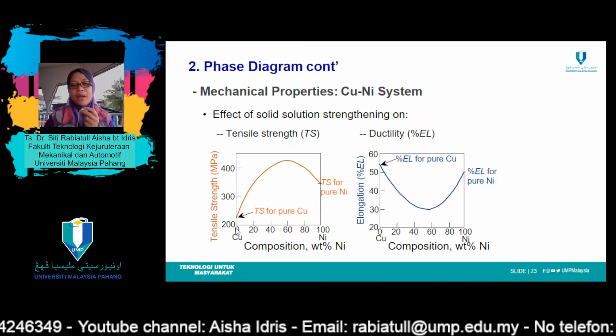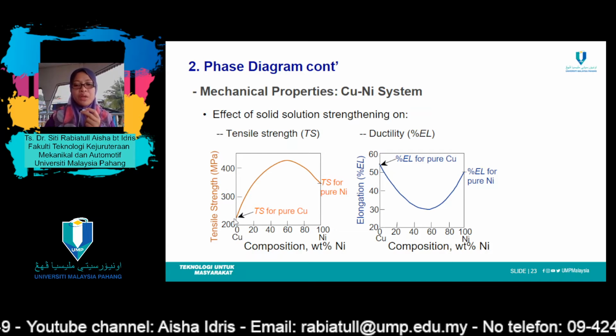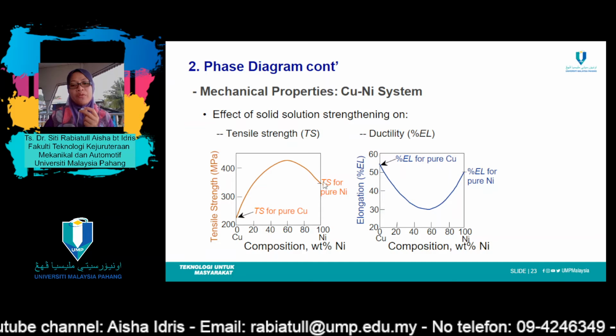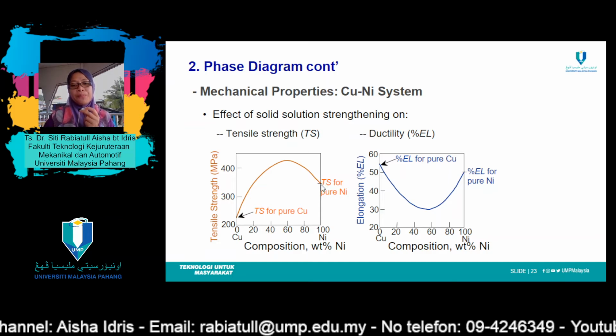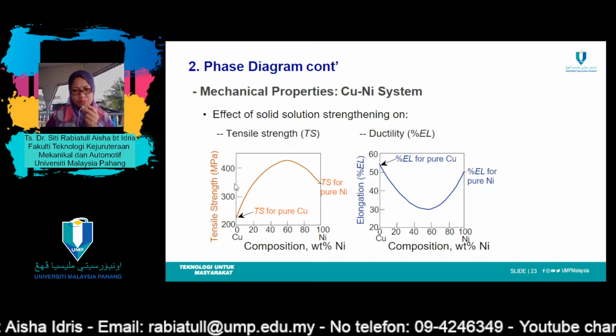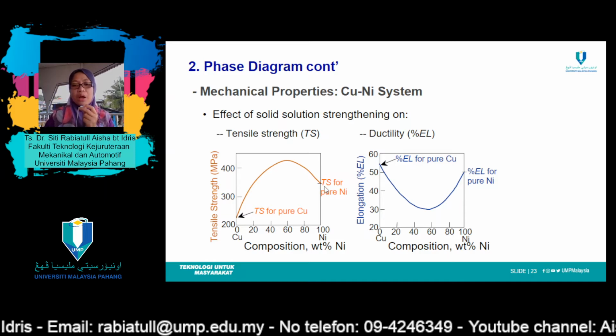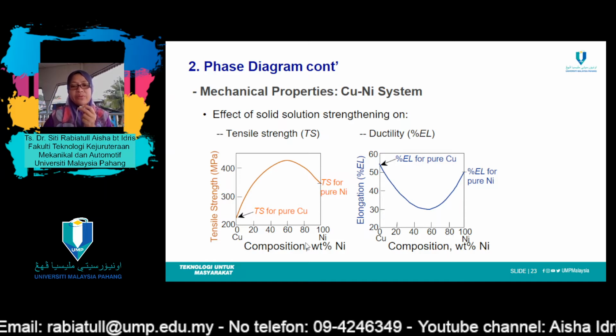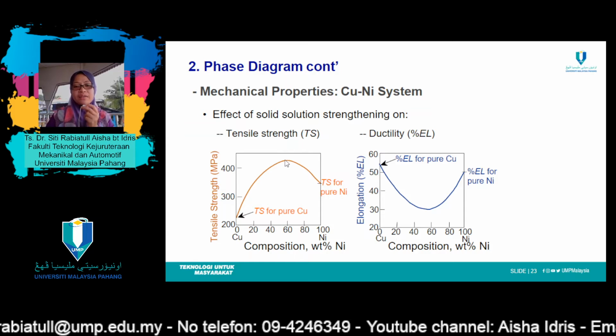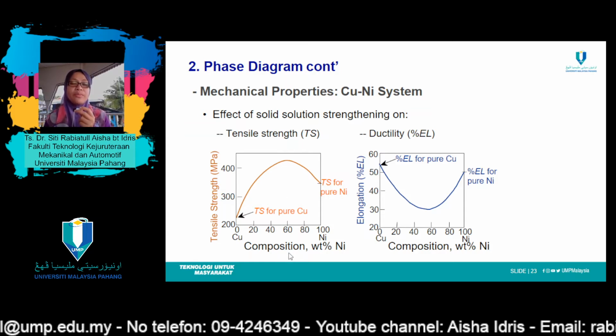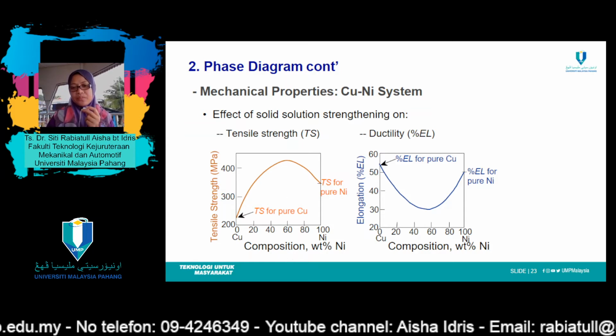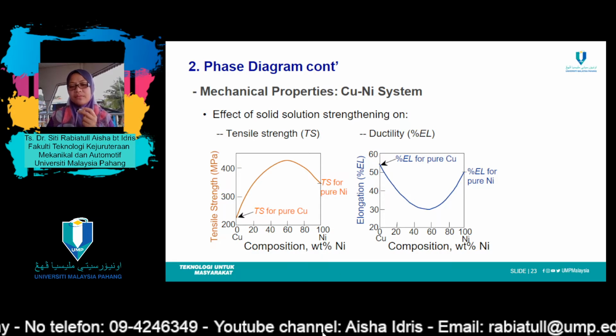Pure copper may have a tensile strength of 200 megapascal, meanwhile pure nickel may have about 320. However, a combination of both materials may have higher tensile strength. So what happens to the microstructure? And the same goes for elongation.